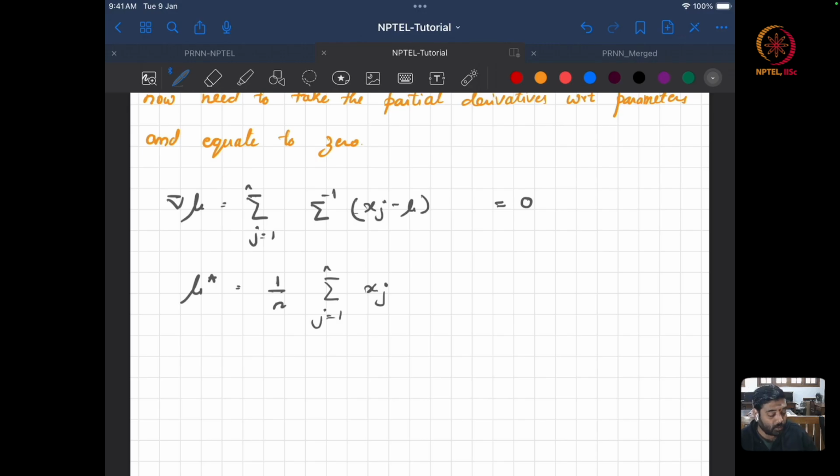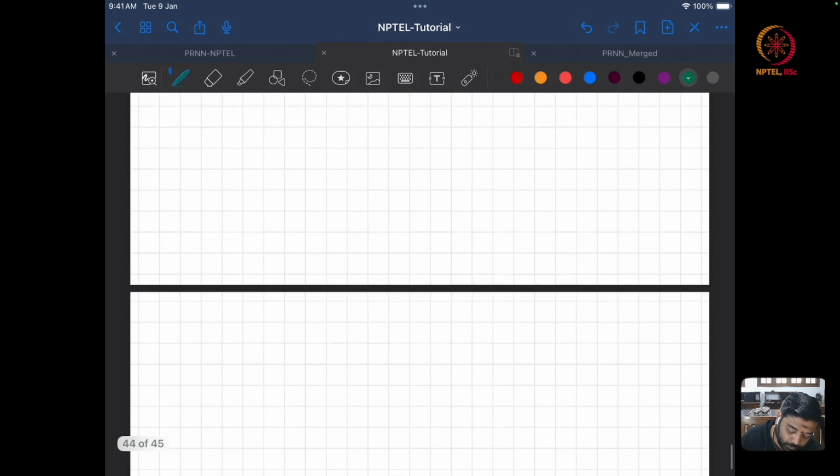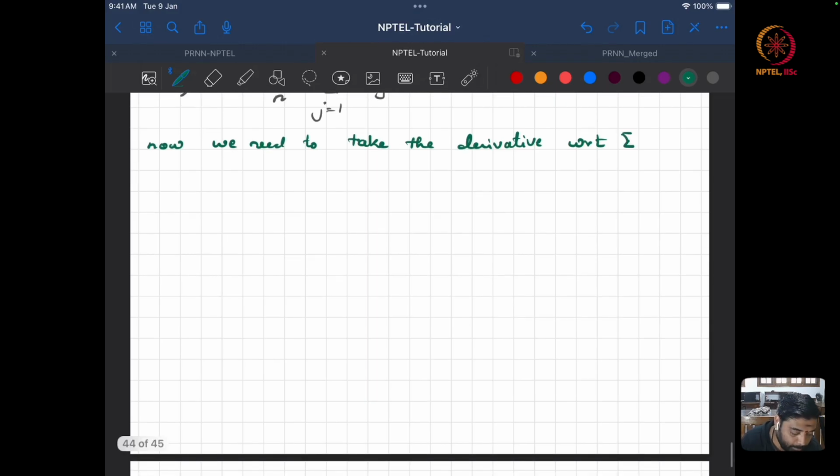Now the actual issue lies with how do you take care of the covariance matrix. So now we need to take the derivative with respect to sigma.